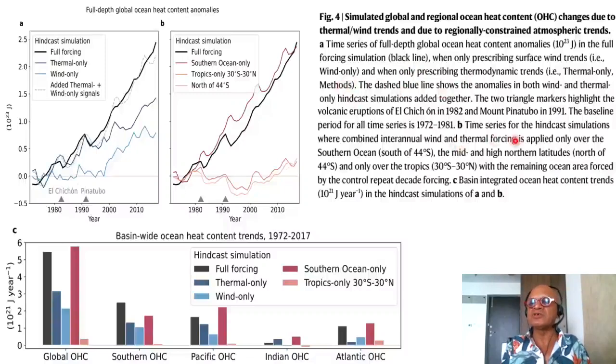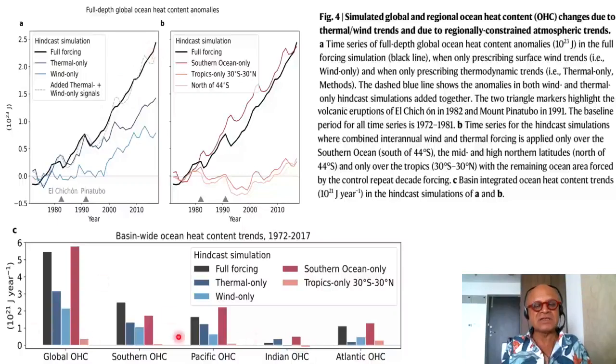In B, the time series for the hindcast simulations where combined interannual wind and thermal forcing is applied only over the Southern Ocean. So the idea is to say that Southern Ocean trend forcing can explain almost all of the global ocean heat uptake, which we will see in a minute.